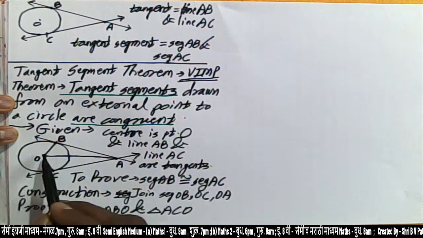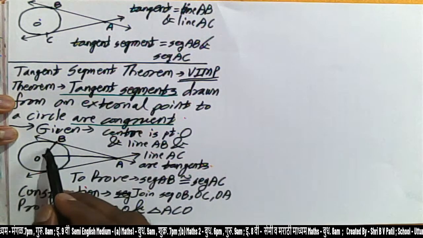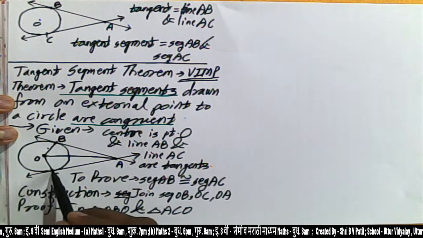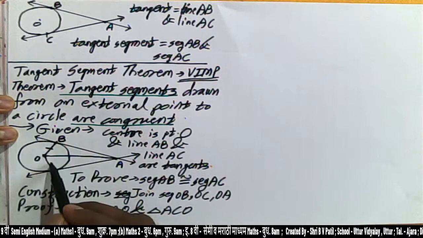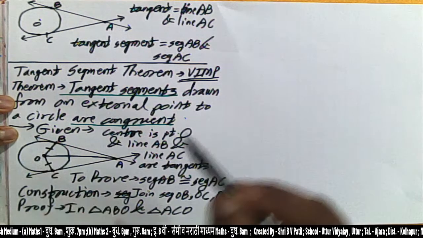Here OB is the radius and OC is also a radius, and radii are equal, so both segments are congruent.